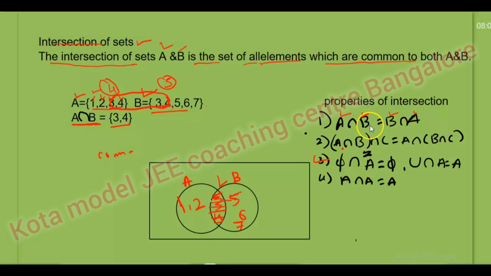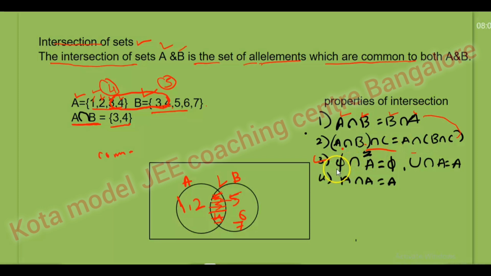A intersection B is equal to B intersection A. In the union also, A union B is equal to B union A. And the second property, A intersection B intersection C, is also associative. Both the associative and the commutative properties are the same in the union and the intersection.